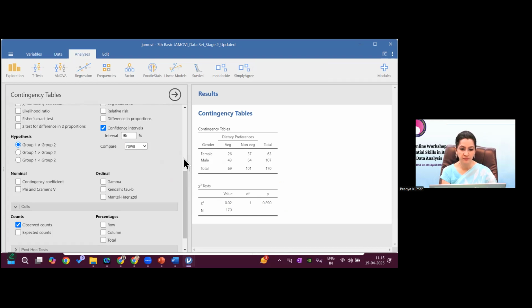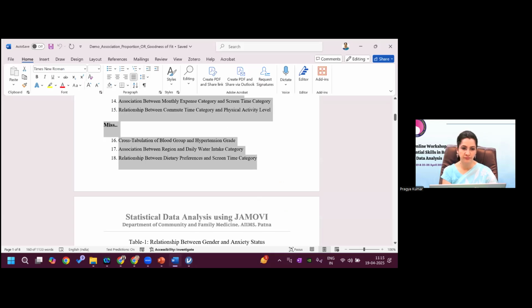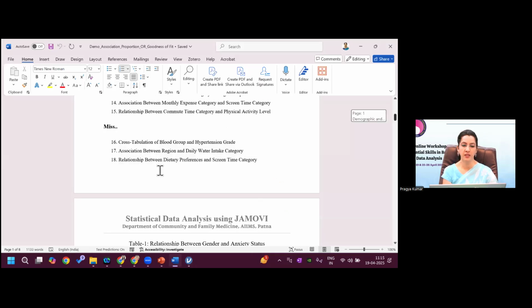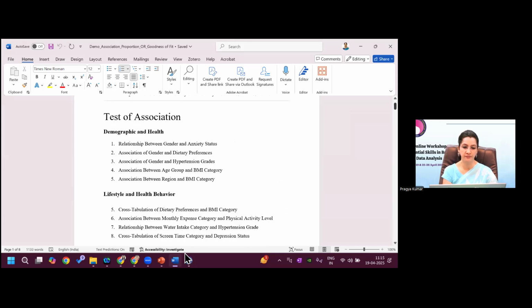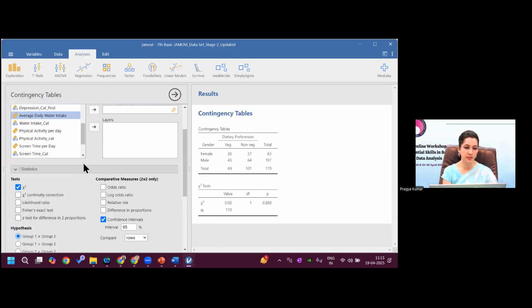BMI and what was the other question? Gender and hypertension grade. So I will go to this. Gender is already there. Instead of dietary preferences, I will put hypertension grade.